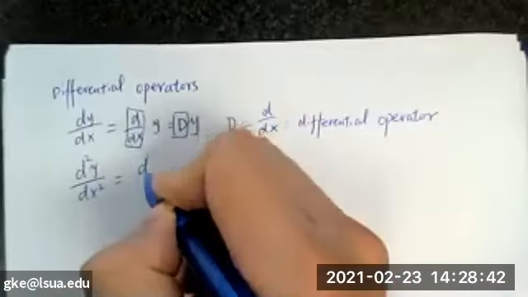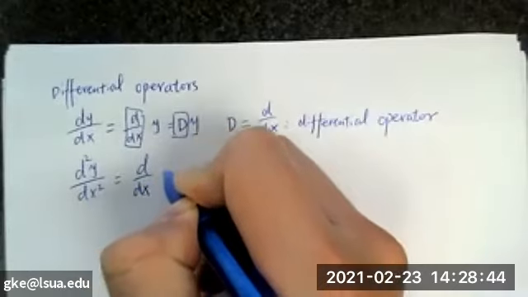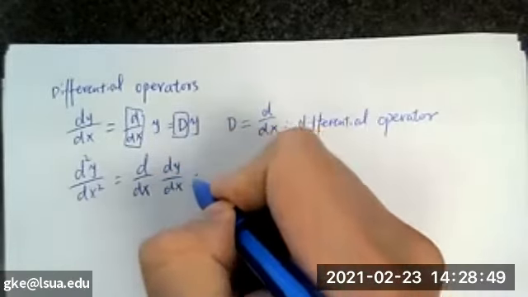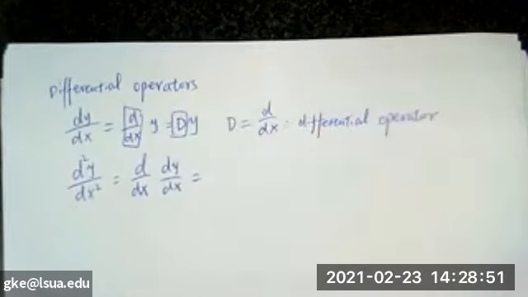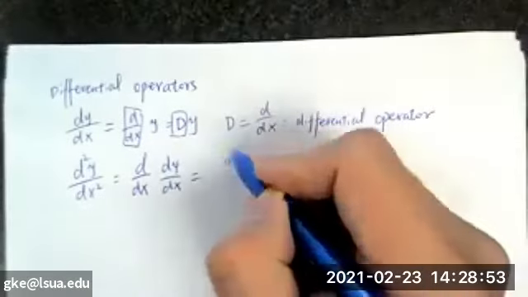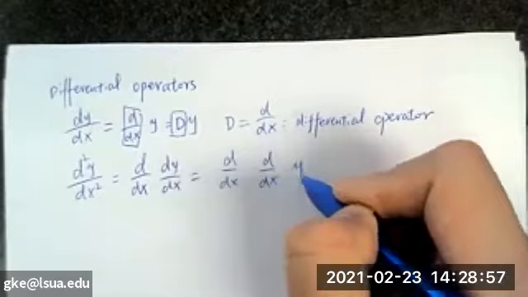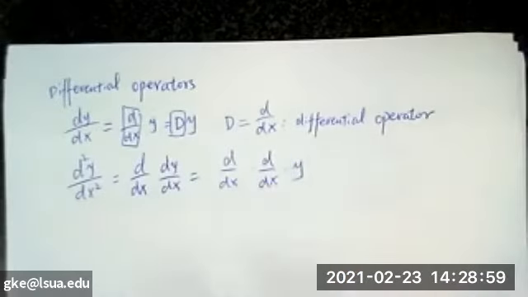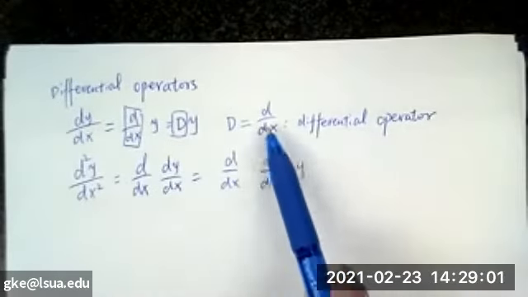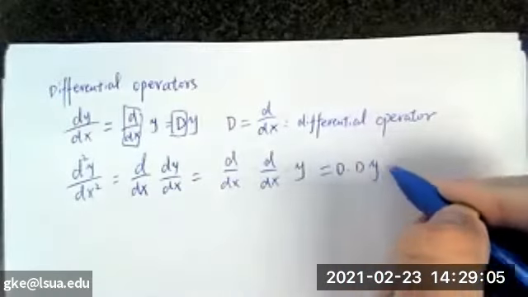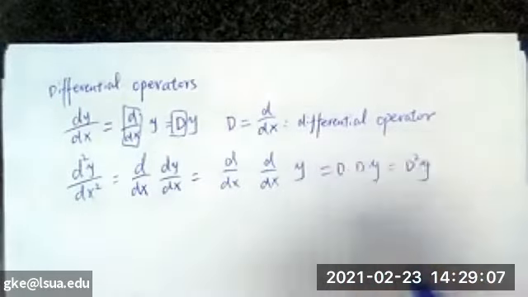We can write down d over dx of dy over dx, so d over dx, d over dx, y, right? And d over dx can be written as D. So we have D D y.